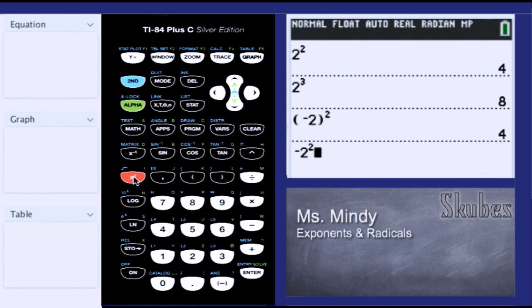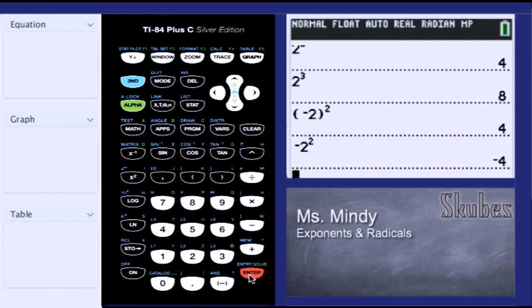Instead, the calculator thinks you want to take the opposite of 2 times 2, and that answer is actually negative 4. Your calculator is not being incorrect. It is a correct answer. You have to be the operator of the calculator and be sure that you type in the parentheses because you want to explain to the calculator that you want to multiply the base of negative 2 times itself.